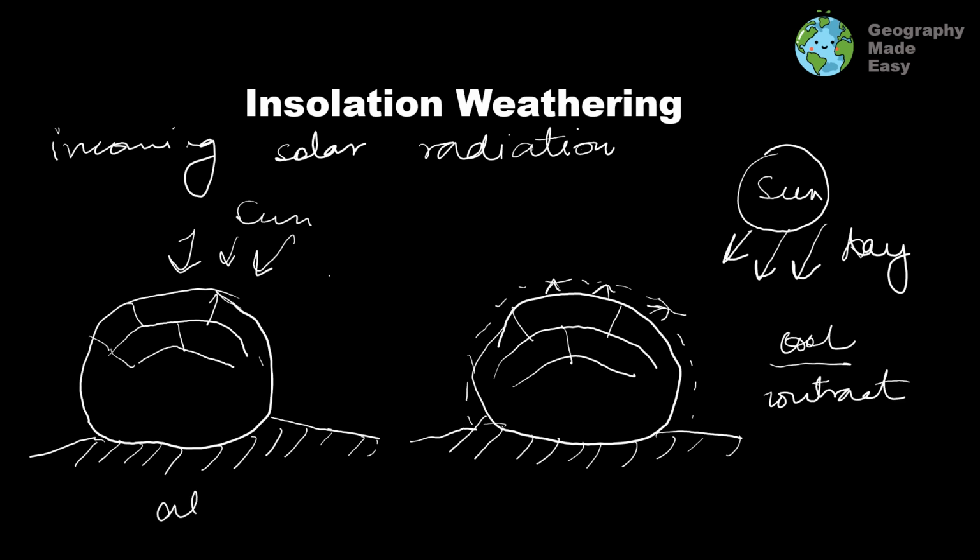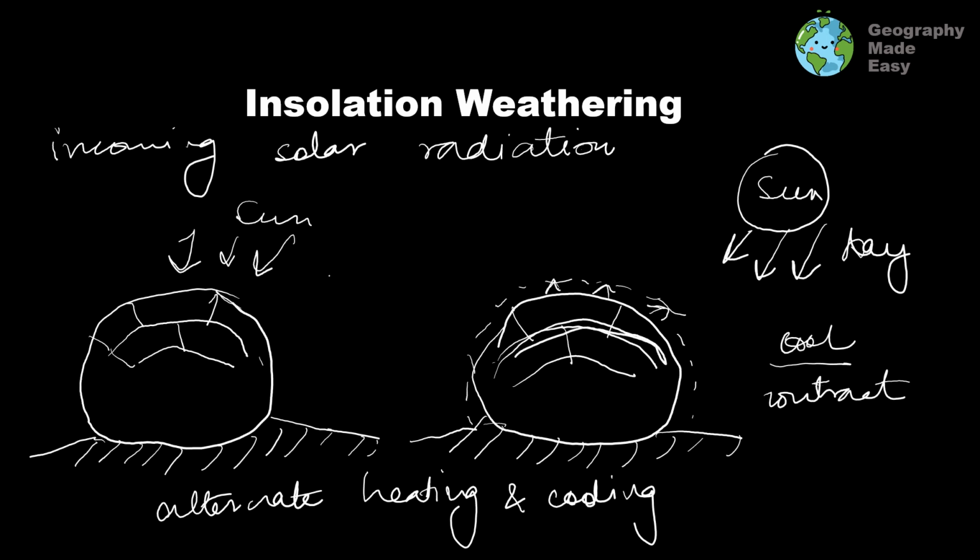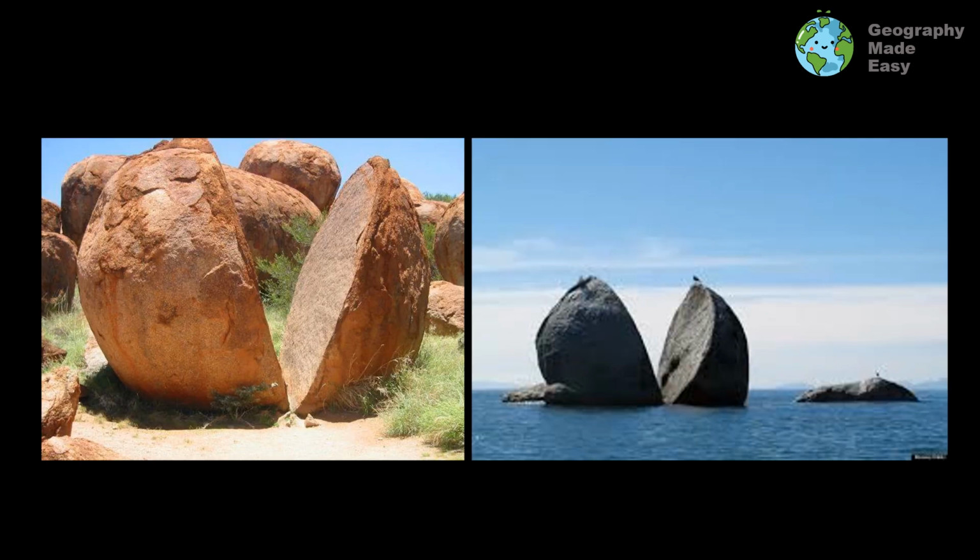So with alternate heating and cooling of the rocks, these cracks and joints become more and more prominent, and with time they develop more intensely, and finally they lead to the disintegration of the rock. Now we will be looking at the different types of insolation weathering and the different kinds of landforms they form. So this is the byproduct of insolation weathering.